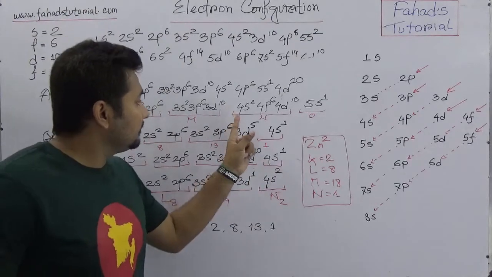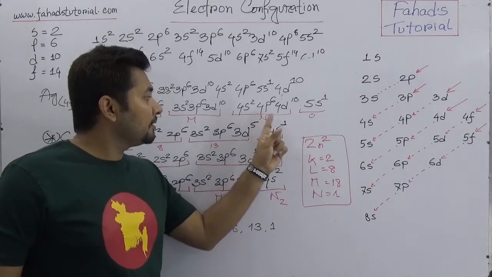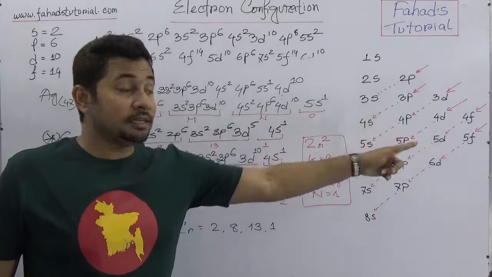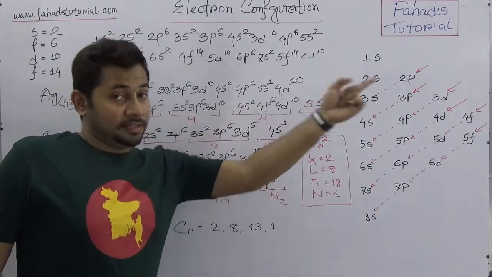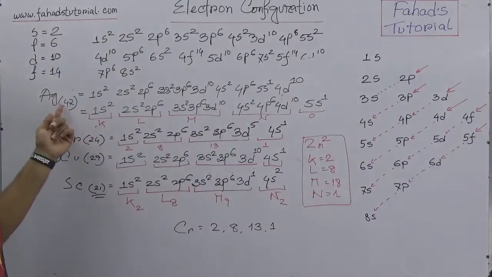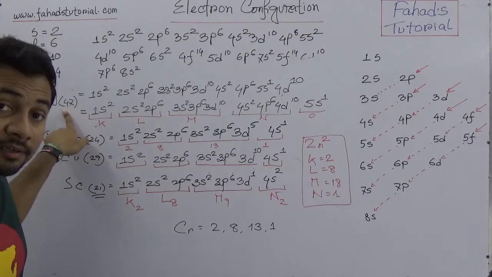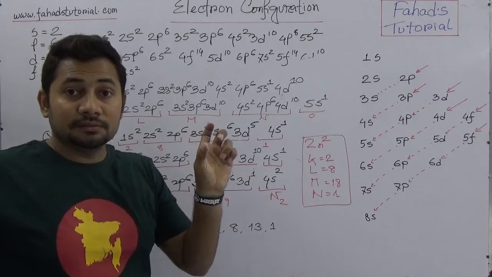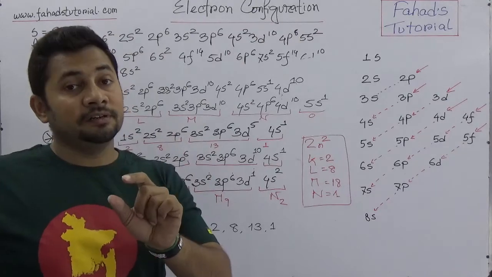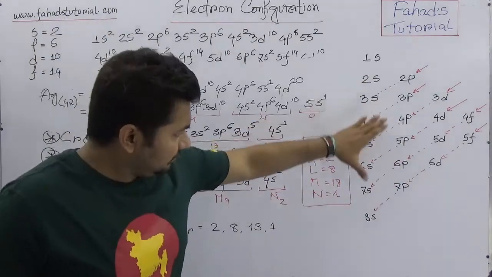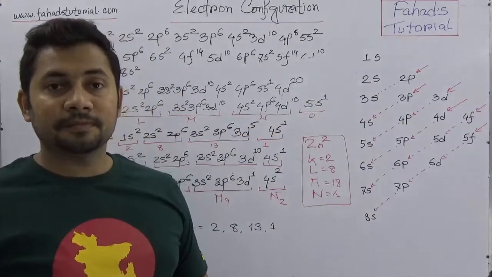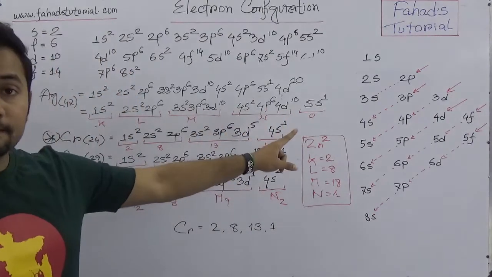Like here we see 4s, 4p, 4d, and of course there is a 4f orbital, but there are not enough electrons to go there, because the proton number of silver is 47. So according to the proton number, we need to configure electrons following this sequence. So this is very important.